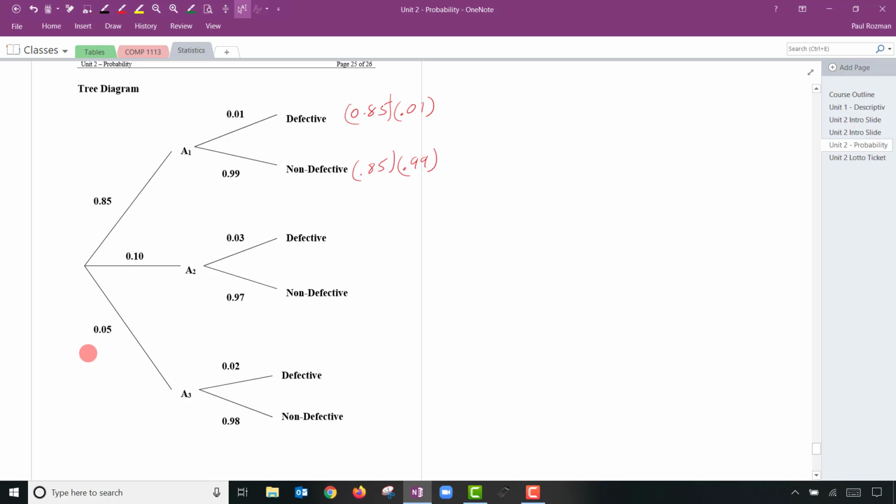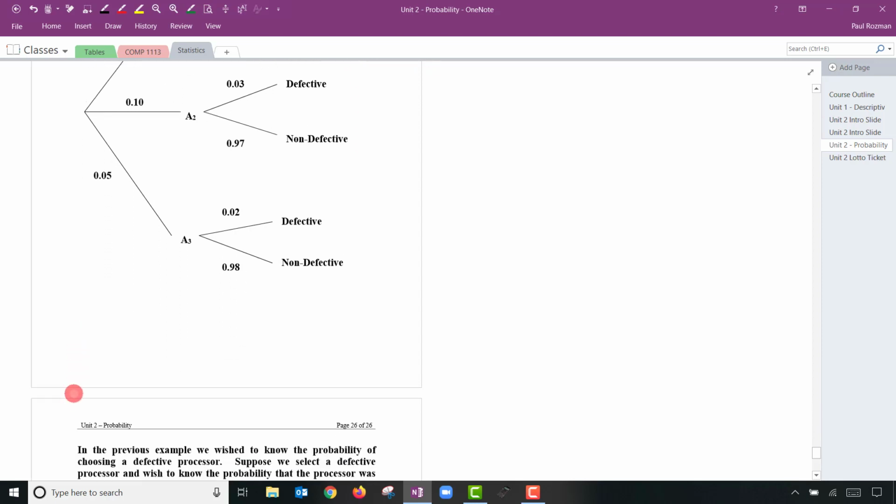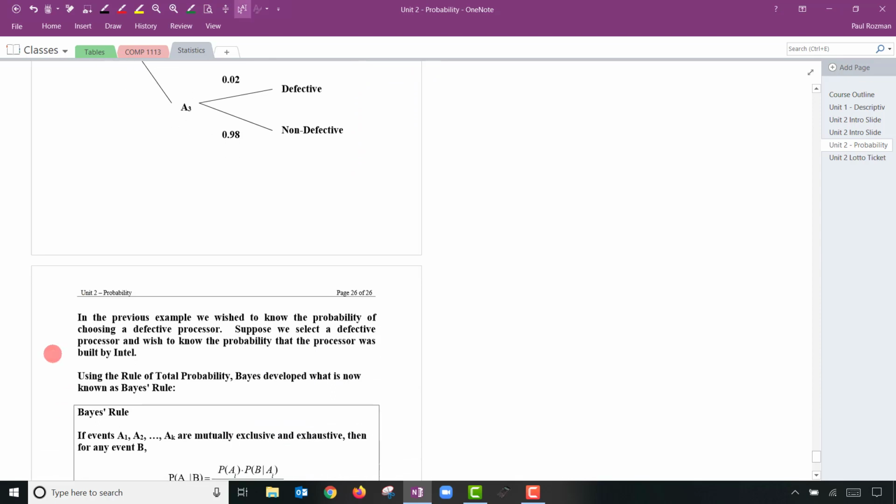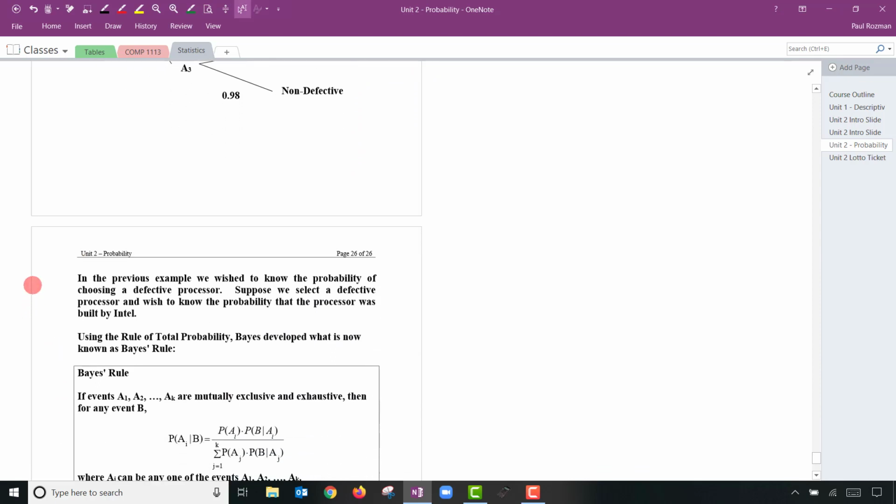But what if we wanted to go the other way and say, okay, I know my computer just broke, so I have a defective chip. Who's to blame for it? And I don't want to open my computer up to find out whose fault it is. What are the chances that when I eventually do that, I could blame Intel? So that will be our question of interest here.